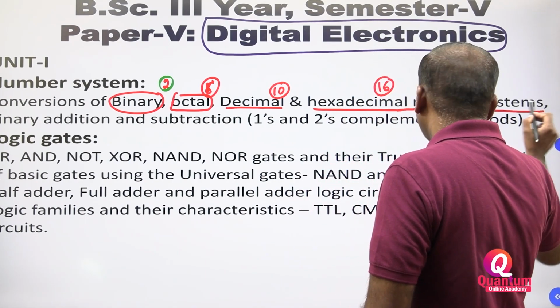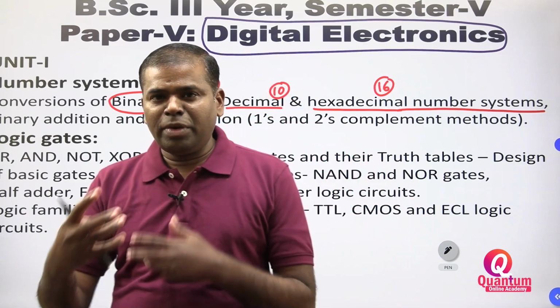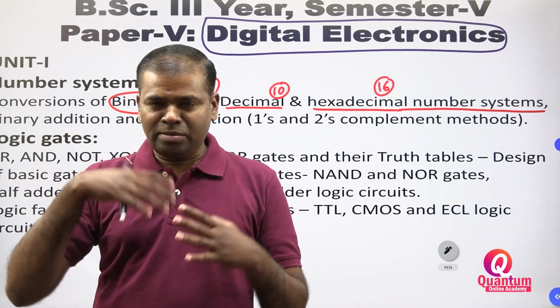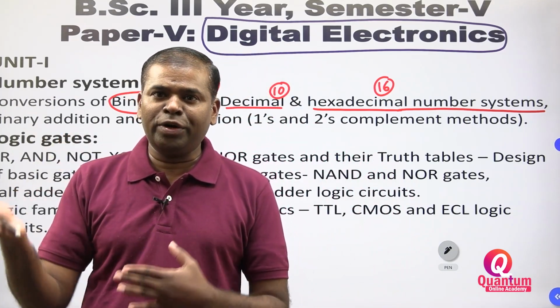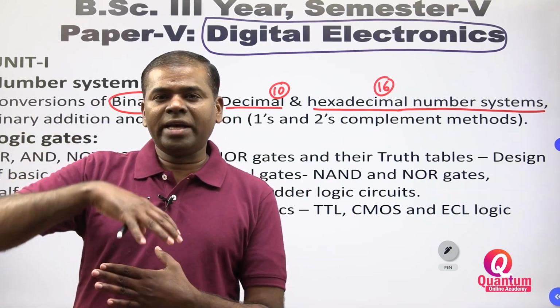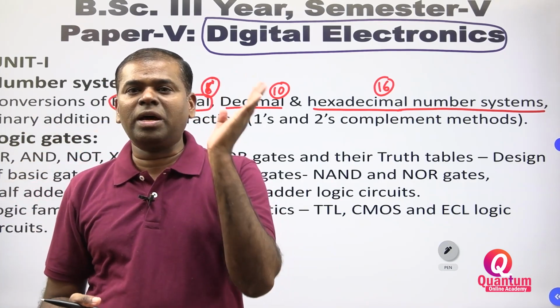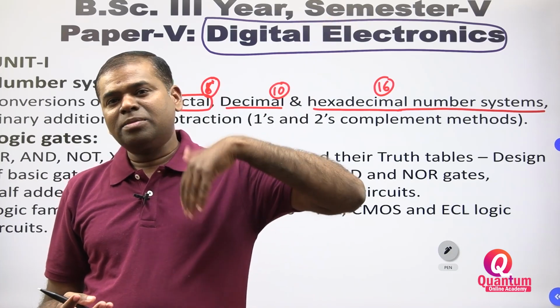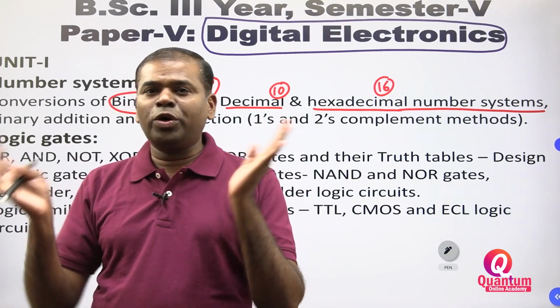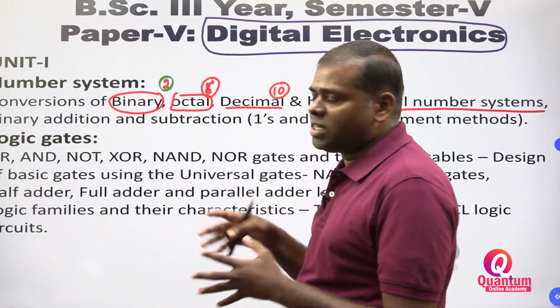So you have to convert decimal to octal, octal to decimal, decimal to binary, binary to decimal, decimal to hexadecimal, hexadecimal to decimal, and binary to hexadecimal. So that conversion is the first topic.